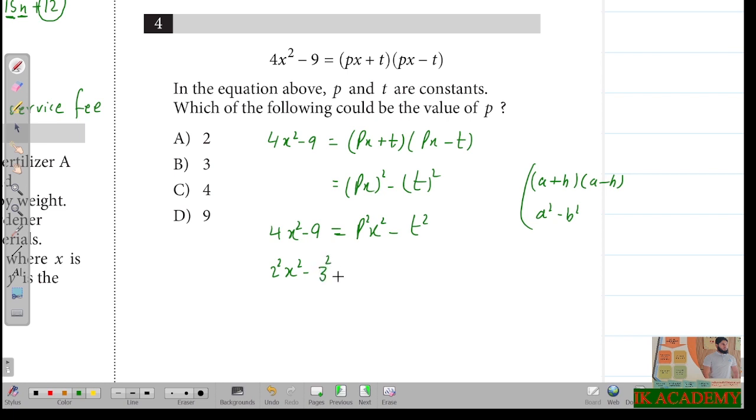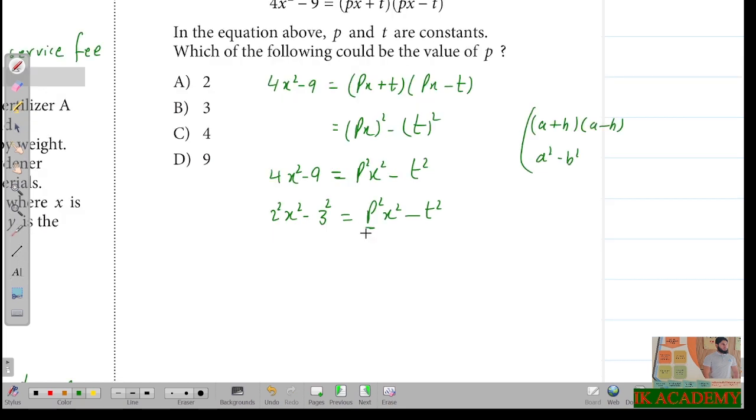So it will be 2 squared x squared minus 3 squared is equal to p squared x squared minus t squared. So here we can see both the left and the right sides look similar. This is the first term, and then we have minus on both sides, and this is the second term, t squared, which is 3 squared.